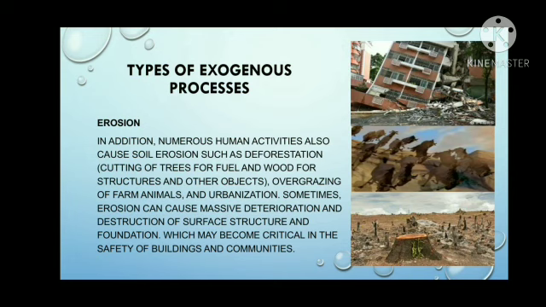Sometimes erosion can cause massive deterioration and destruction of surface structure and foundation, which may become critical in the safety of buildings and communities, most likely to happen during natural disasters like earthquakes.